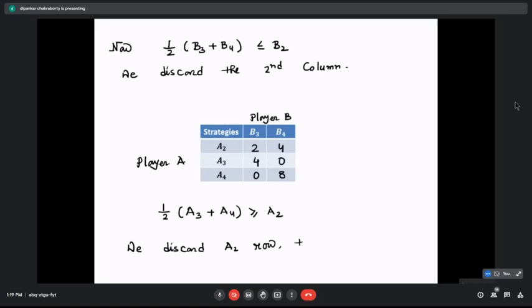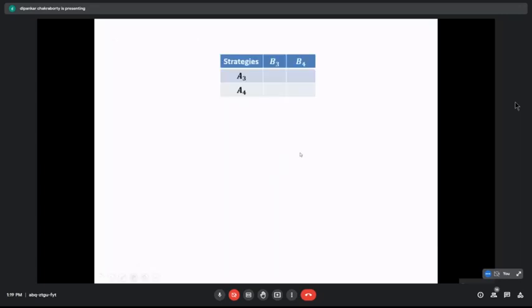So the next reduced payoff matrix is 4008, 4008, right?